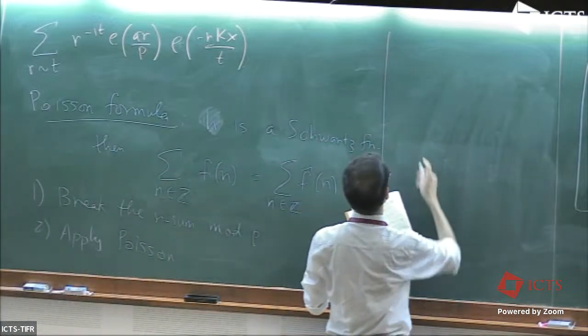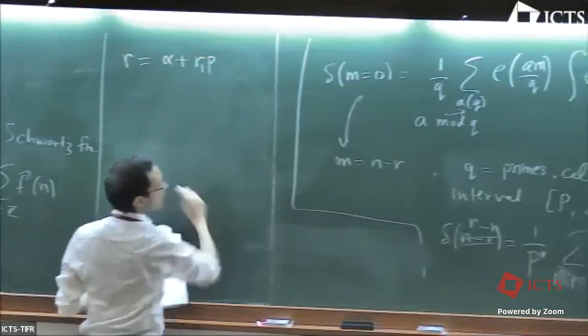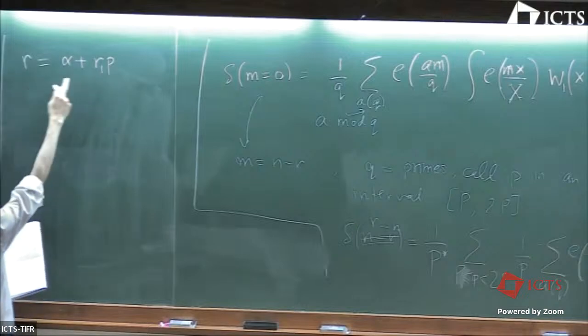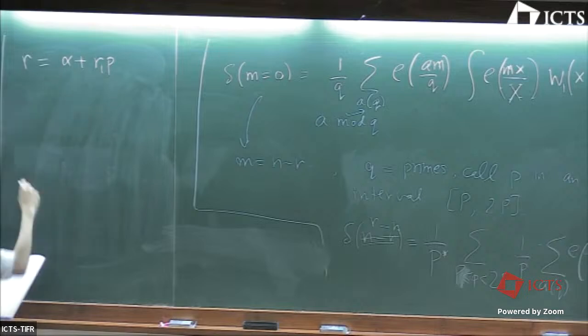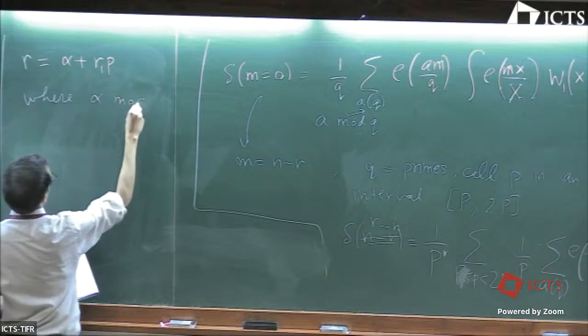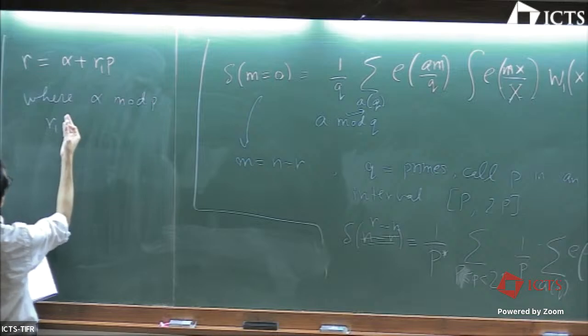So let's redefine a variable. I did not use alpha so far. Okay, so let's redefine the variable so that R is alpha plus R1 p, where now alpha runs mod p and R1 is going to be some other variable.